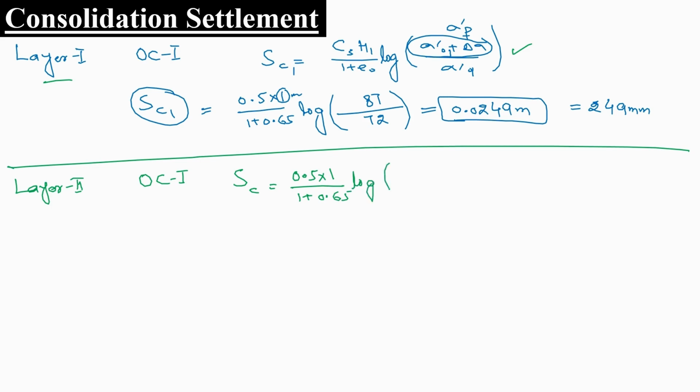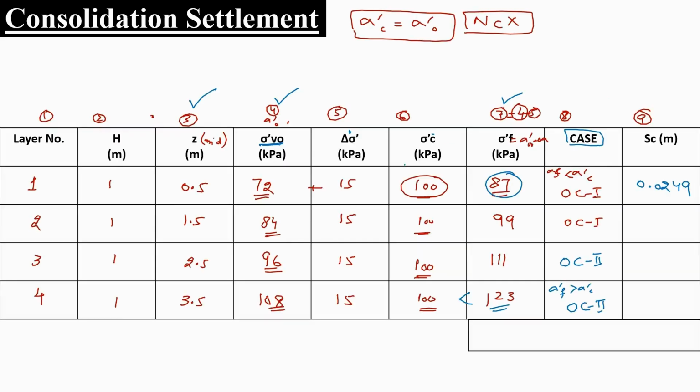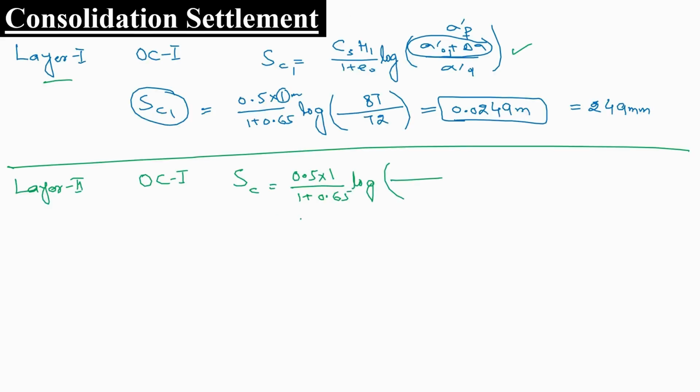You need to change here. What is the summation of both the values? Sigma prime F is 99 for second case, and sigma prime naught is 84. We will write 99 by 84. So what will be the answer?